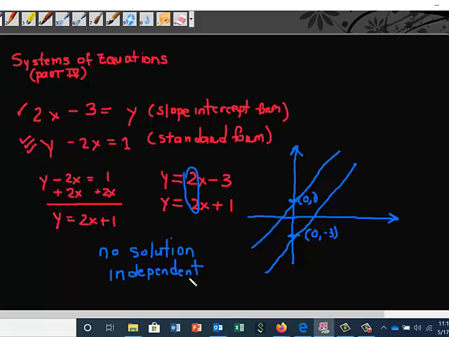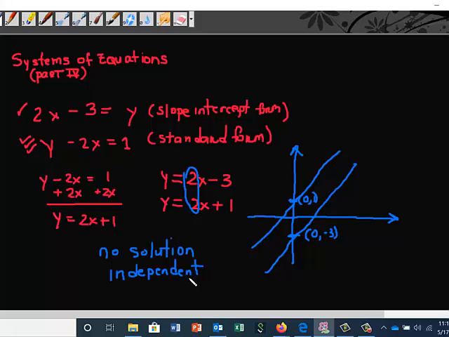Then that equation has infinitely many solutions. But if you have numbers that are different, like 0 is equal to 5, 3 is equal to 10, -2 is equal to 12, then that implies that this system of equations has no solution.